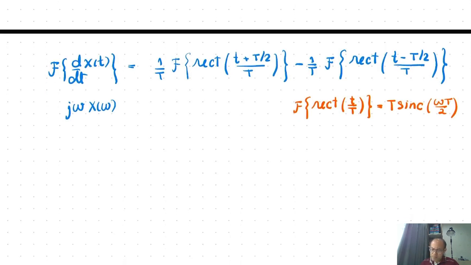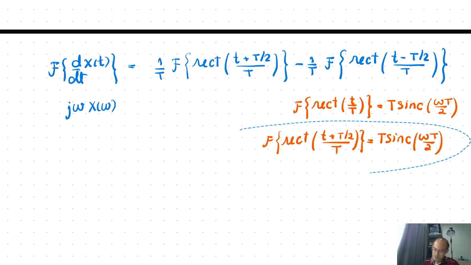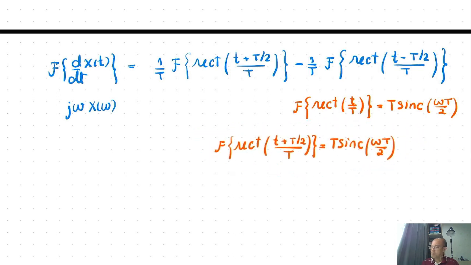Now, but this is the time shifted version, so we can use the time shifting property to say that the rectangular of small t plus big T over 2 over big T would be equal to this guy, multiplied by the complex exponential, which is e to the j omega.